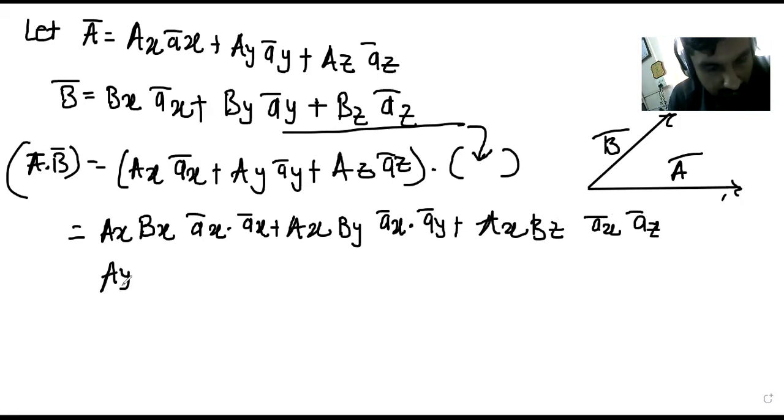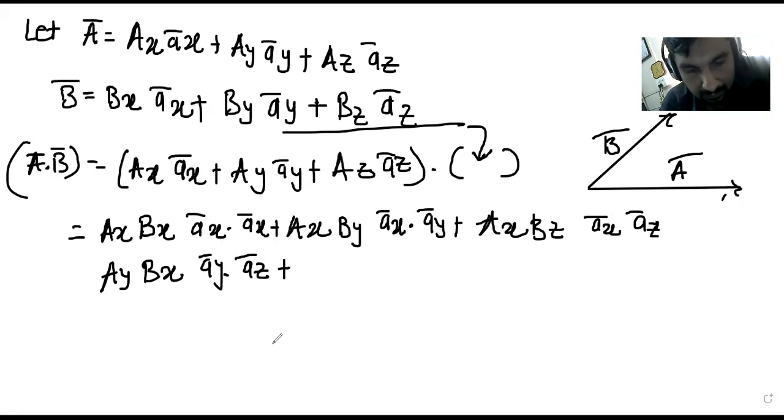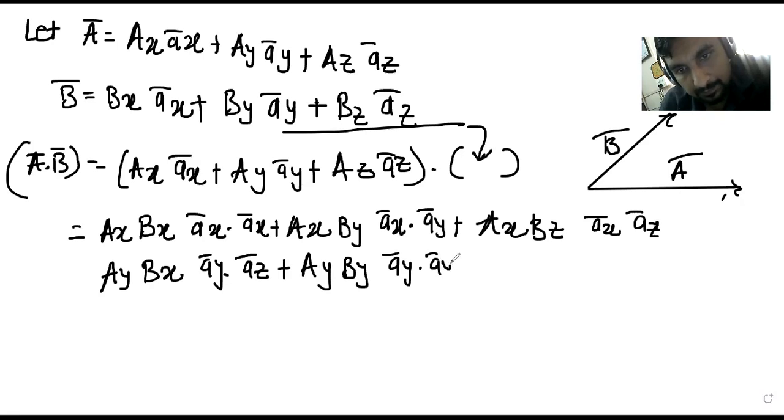Now I'm taking a bar y and multiplying it with the second term: ay bx a bar y dot a bar x, plus ay by a bar y dot a bar y, plus ay bz a bar y dot a bar z.